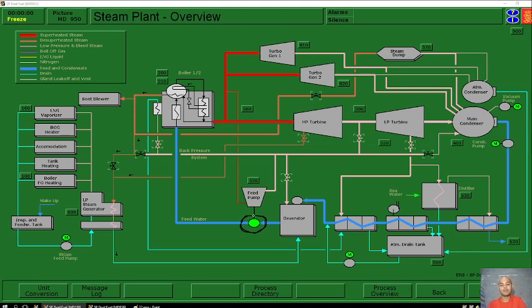In the diagram only one feed pump is shown, but in our system we have two steam driven feed pumps. Steam is what turns these feed pumps. We also have one electric driven feed pump, because when you don't have steam from the boiler yet, you can't use the steam driven one. So for startup, at the beginning, we use the electric driven feed pump first. Once we have produced steam, only then can we use the steam driven feed pump. But in the diagram, since there is only one feed pump, this is it, either the steam or the electric driven.